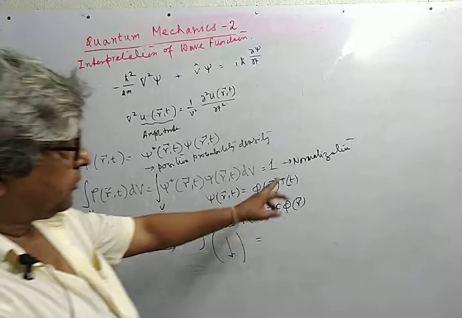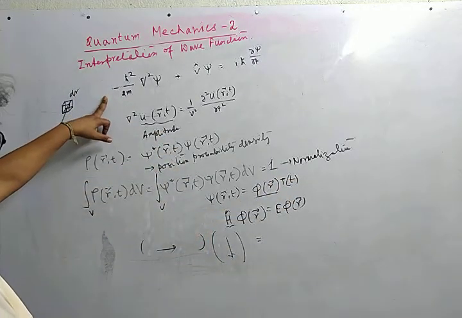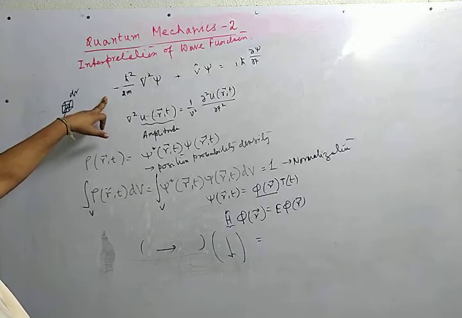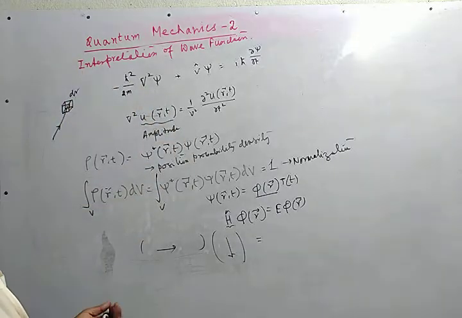So since the total probability is conserved, one must get a differential equation which takes into account this fact, and it is known as the equation of continuity. We shall come to this part.